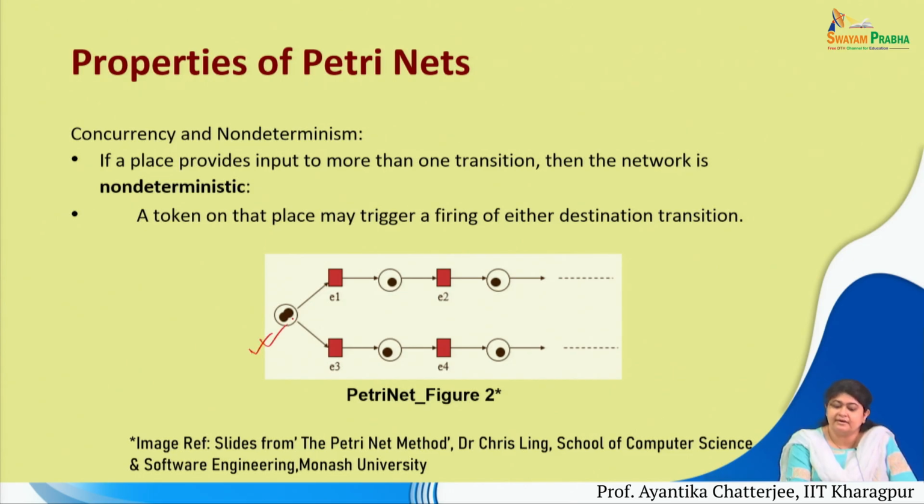Let us say we have multiple tokens in this path, and this output place is connected to multiple concurrent paths, multiple concurrent firings to execute. So, there may be a possibility of non-determinism: there is no guarantee, when the token is present, which transition it will trigger.